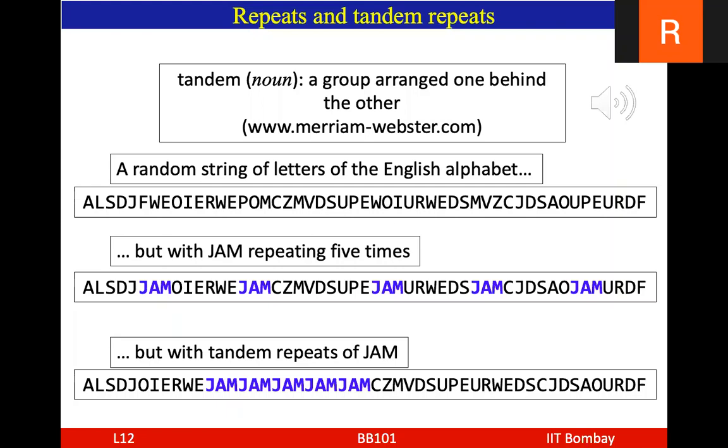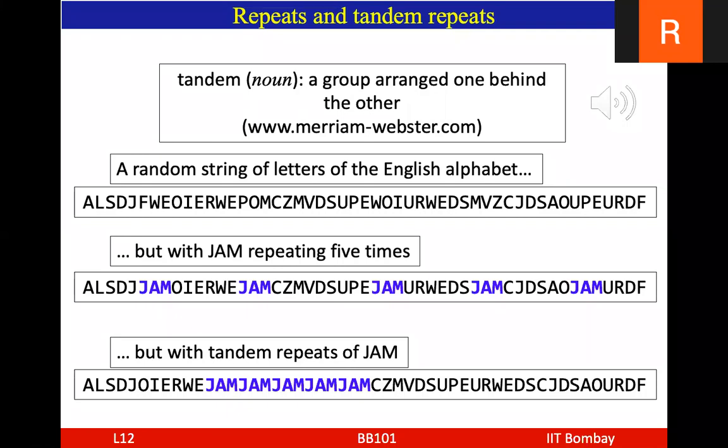Tandem, as I said, means a group arranged one behind the other. If you see here, a random string of letters of the English alphabet. But if you carefully look at this particular sequence, you will see that the GEM is repeated multiple times.